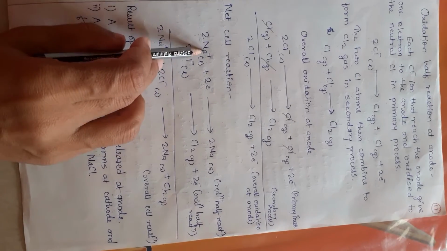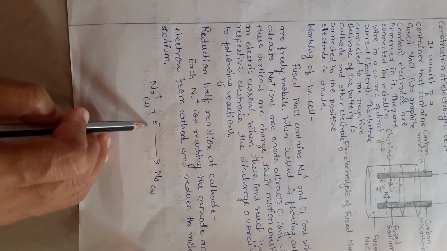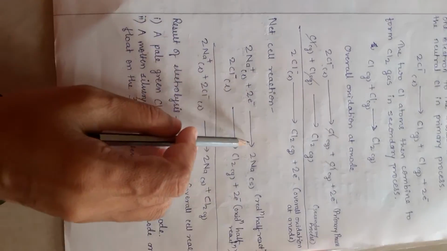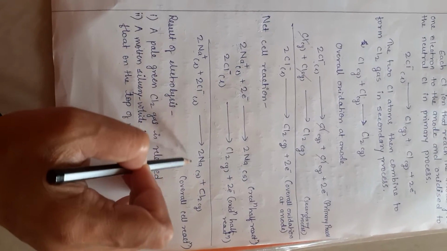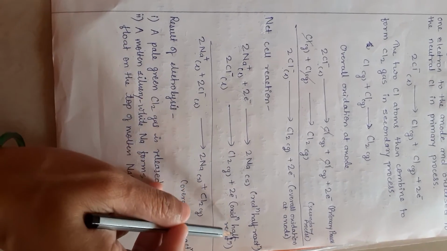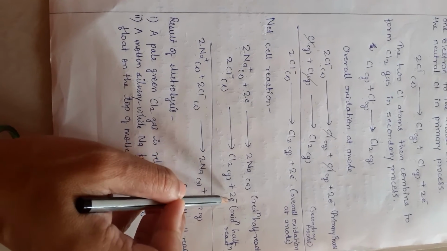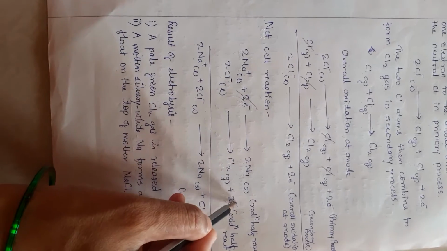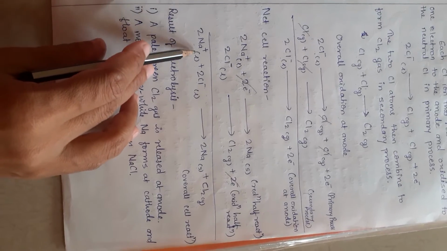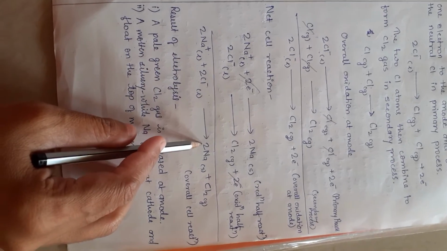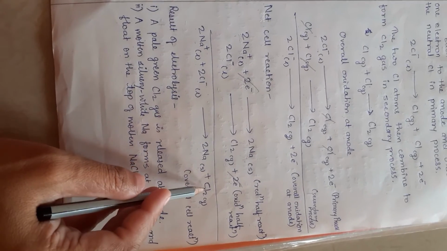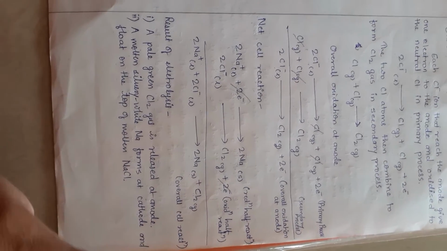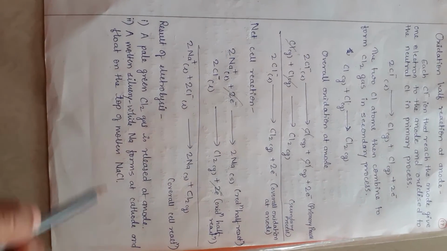Why do we multiply the reduction half reaction by 2? Because in the overall reaction the electrons must cancel, and the oxidation half reaction has 2 electrons. So the 2 electrons cancel, and the overall cell reaction is twice Na positive plus twice Cl negative gives twice Na solid plus Cl2 gas. This is the overall cell reaction in electrolysis of molten NaCl.